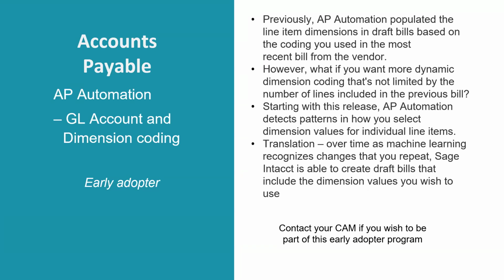When those AP bills are received by Intacct in that email address bucket, you can either set it up so it automatically uploads as a draft bill, or you can manually upload it as a draft bill. And when it does, it uses artificial intelligence, the AI technology, to recognize what codes it should use.